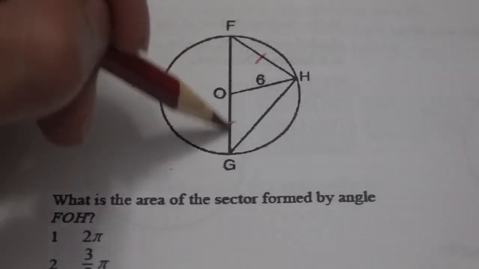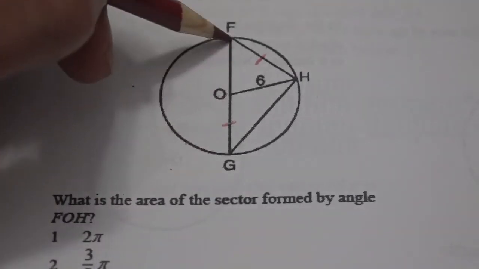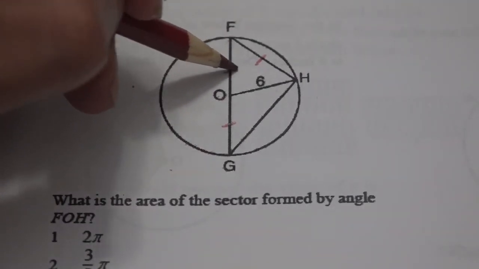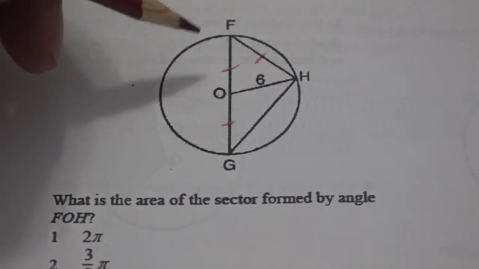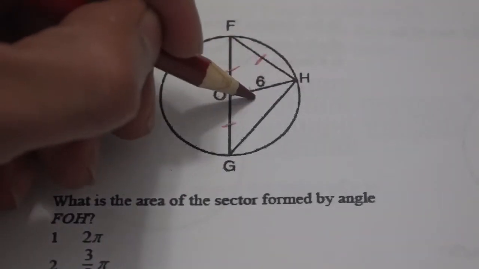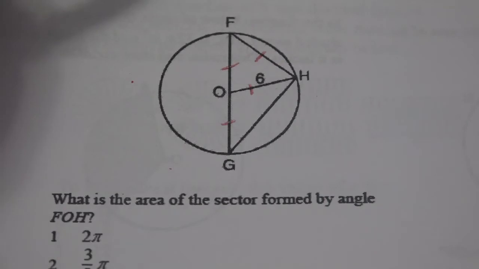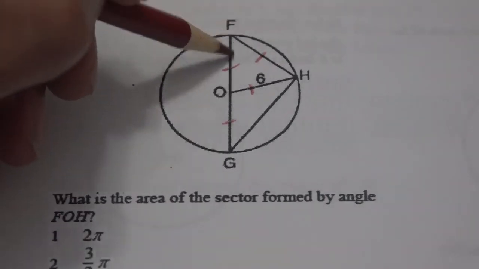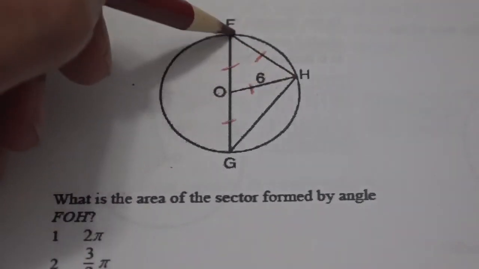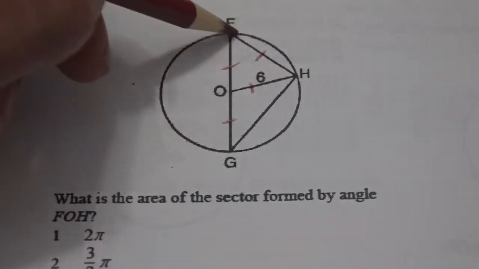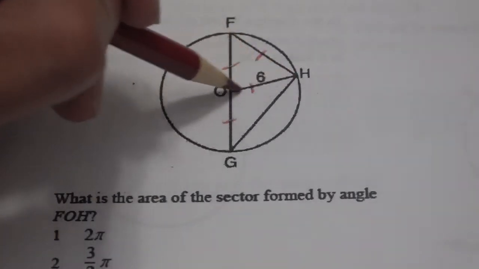This OG is a radius. OF is also a radius. OH is a radius. So this angle right here and this triangle right here, what can you say about this triangle?